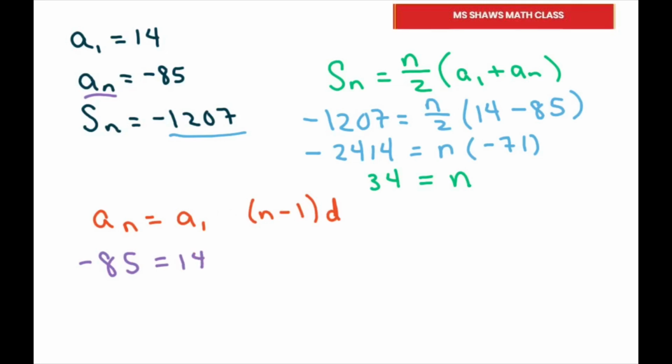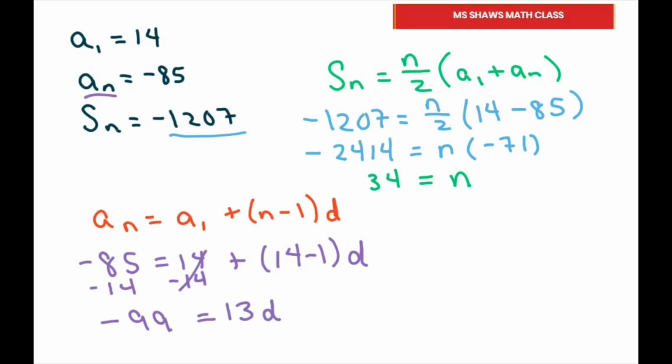This is supposed to be a plus here. So we have plus n minus 1, 14 minus 1, d. So subtract 14 from both sides, and you're going to get negative 99 equals 13d. So our d equals negative 3.